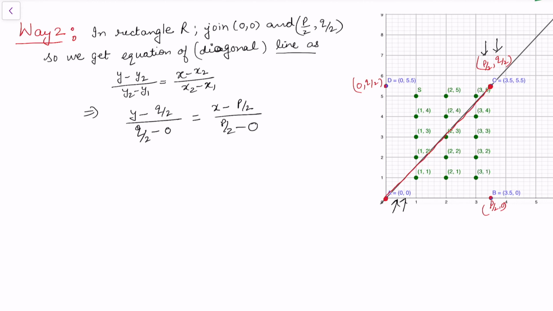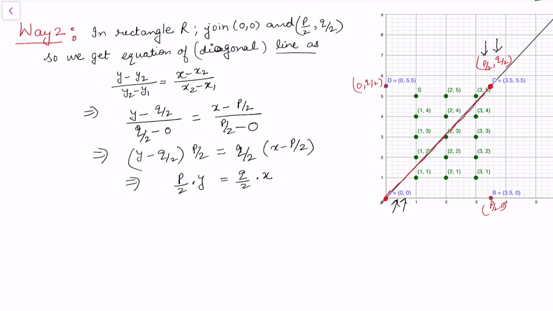So we want to find the equation of the diagonal line. Just cross multiply these two terms. This gives us that p by 2 times y is equal to q by 2 times x, and hence we get py equal to qx. So this is the diagonal line, py equal to qx.